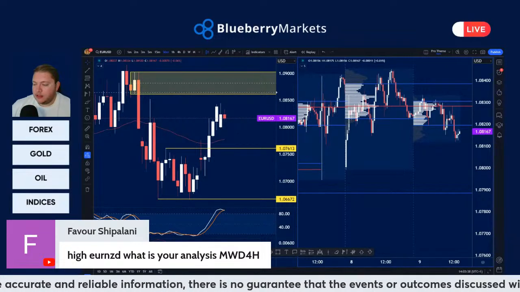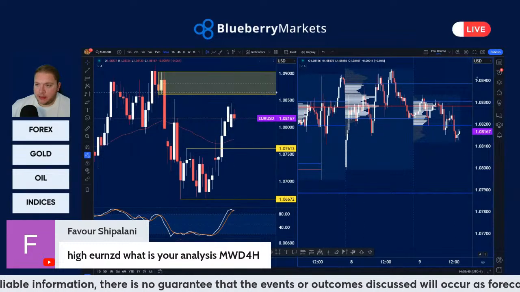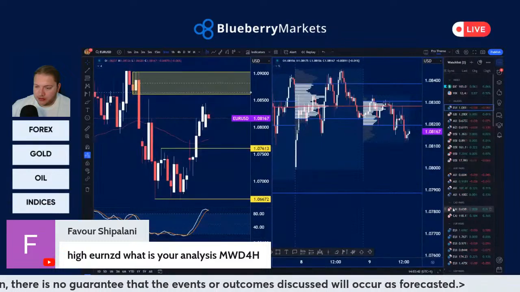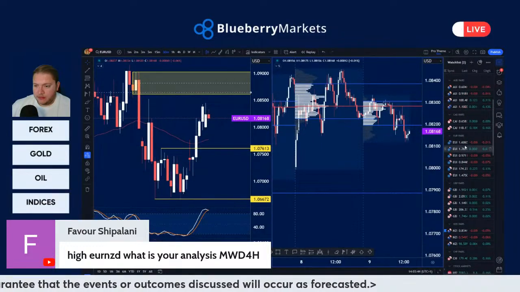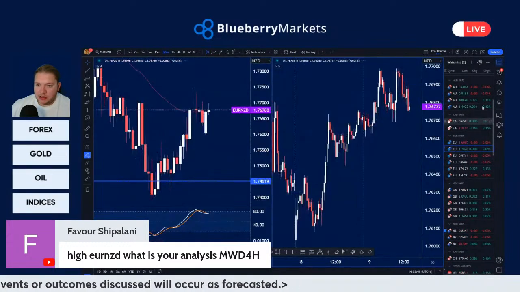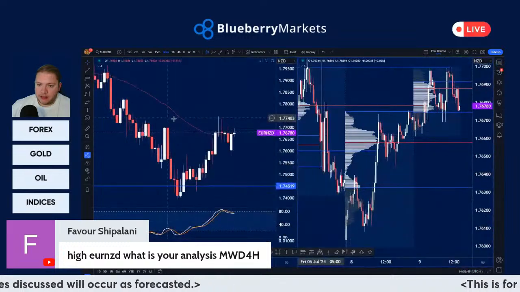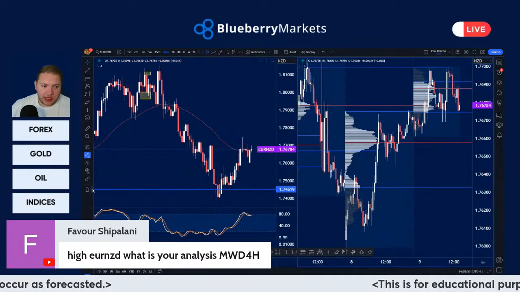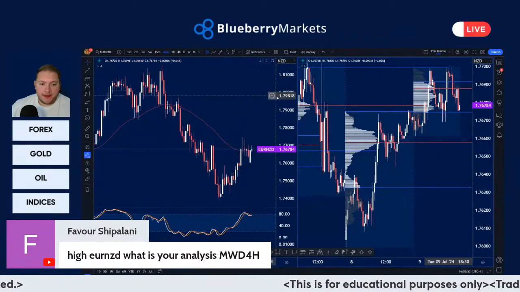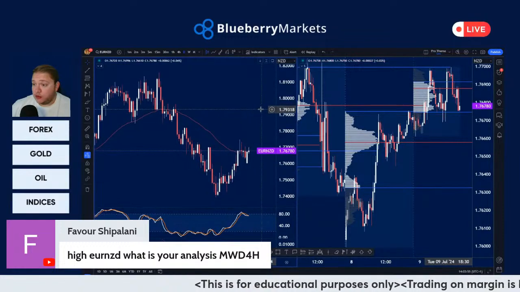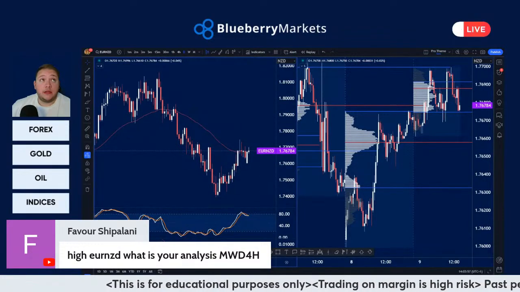Yeah, Euro Kiwi, interesting chart at the moment, I guess. We've got obviously a bit of a change in terms of currency strength and weakness over the last week or so, one of that being the euro getting particularly quite strong.